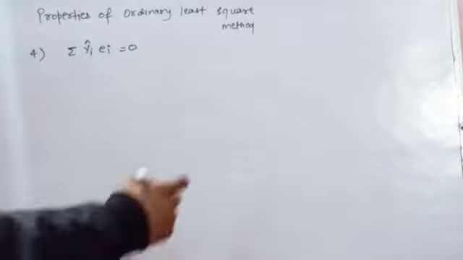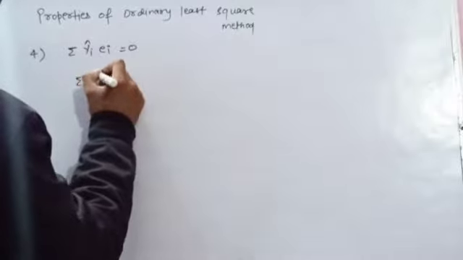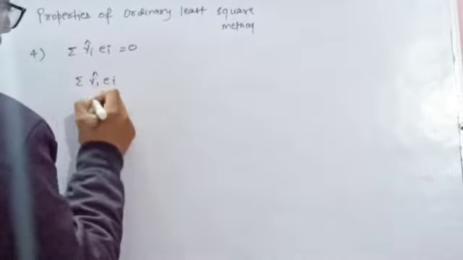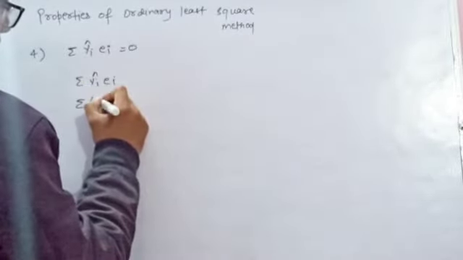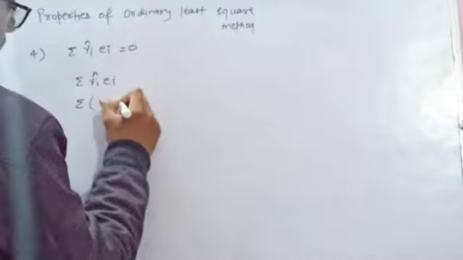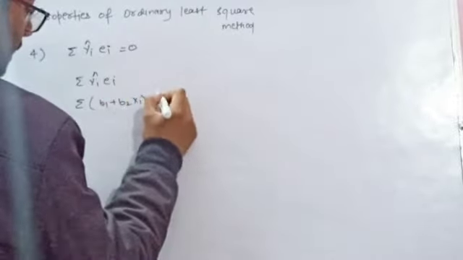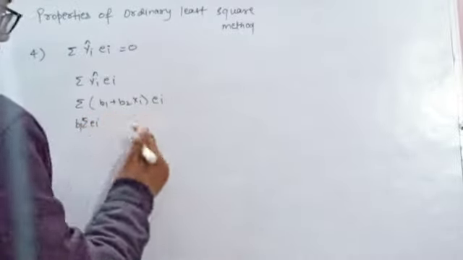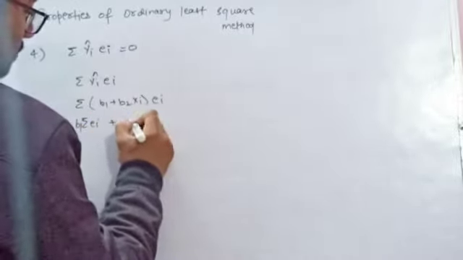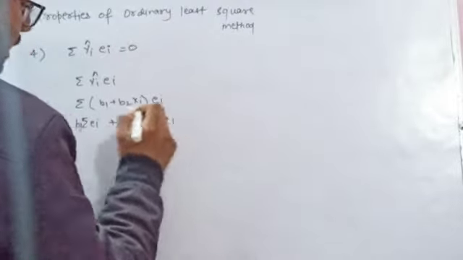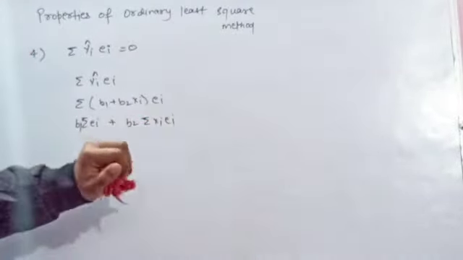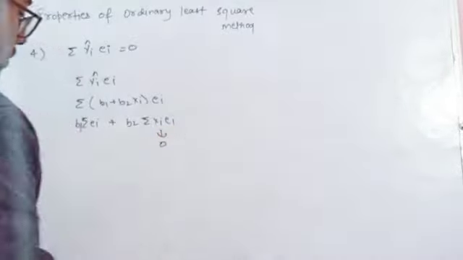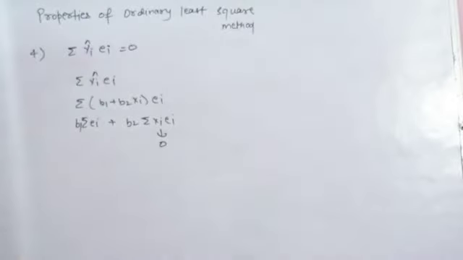Now, summation yi hat ei: yi hat is b1 plus b2 xi, so it is b1 summation ei plus b2 summation xi ei. Summation xi ei is already discussed in the third property, which is 0.